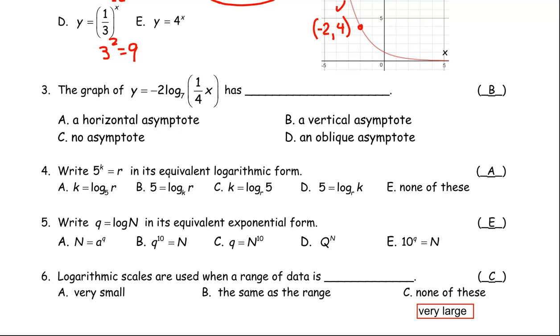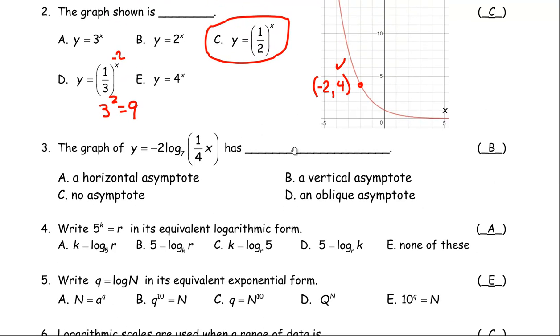For number 3, the graph of y equals -2 log base 7 of a quarter x has... and logarithmic functions are of this shape. Make a little sketch here. So let's say that's the y-axis, x-axis. Let's draw a logarithmic shape in here.